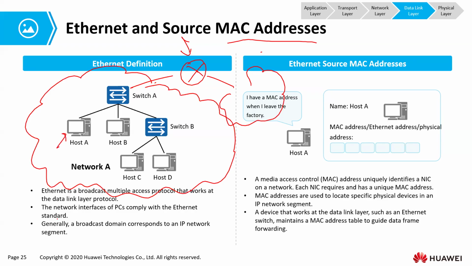Because if I send a broadcast from host A, for example, host B, host C, host D, switch A, switch B, everything in the domain will receive that message. So the router is the device which breaks my broadcast domains. So broadcast domain 1, another network broadcast domain 2. A router is responsible for separating my broadcast domains.